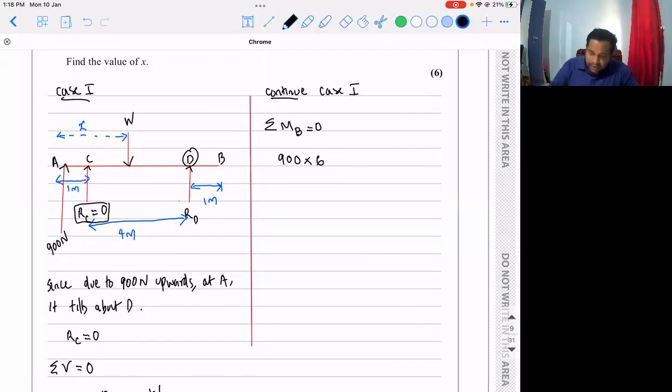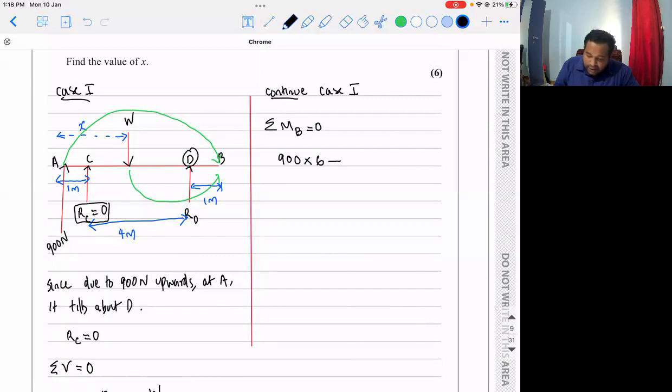So 900 times 6, then minus this W times B. So what is that distance? Could you please try to calculate what is that distance?